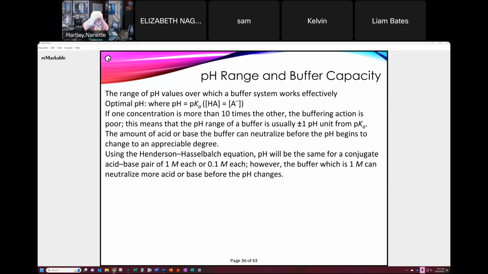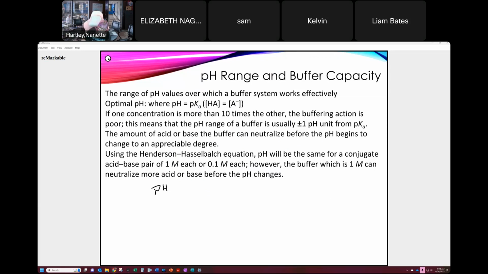And one of the things that we talk about is the pH range and the buffer capacity. So the range of pH values over which a buffer system works effectively is near its optimal pH. And that's where the pH is equal to the pKa. If I have absolutely equal concentrations of the acid and its conjugate base, then that disappears from the Henderson-Hasselbalch equation.